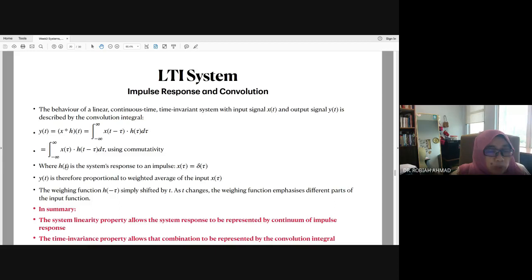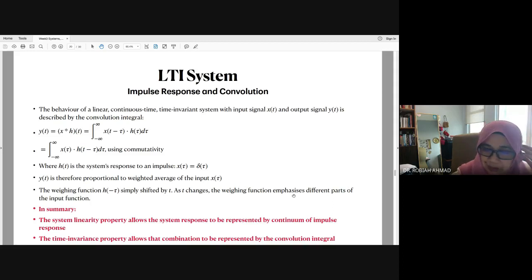Okay, so where ht is the system response to an impulse and yt is therefore proportional, based on this equation, to the weighted average of the input xt. So bila kita kata integral, okay, so dia adalah the summation of that. The weighing function x minus t simply shifts by t as t changes.